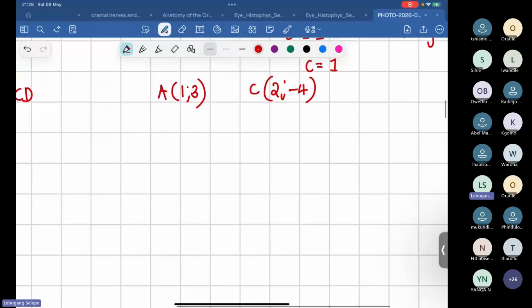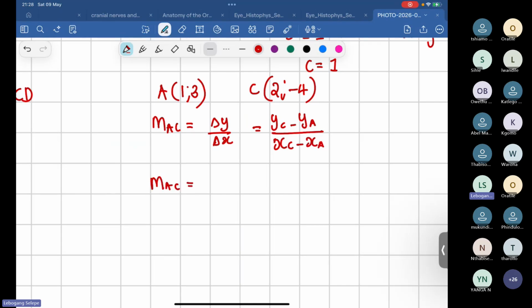We have all the coordinates, so we can just calculate the gradient of AC as the change in y over the change in x, which is going to be the y value of C minus the y value of A, divided by the x value of C minus the x value of A. Substitution, this is going to be the y value of C, which is negative 4, minus the y value of A, which is 3. Minus 3, all that divided by the x value of C, which is 2, minus the x value of A, which is 1. And if you punch your calculators, what do you get?